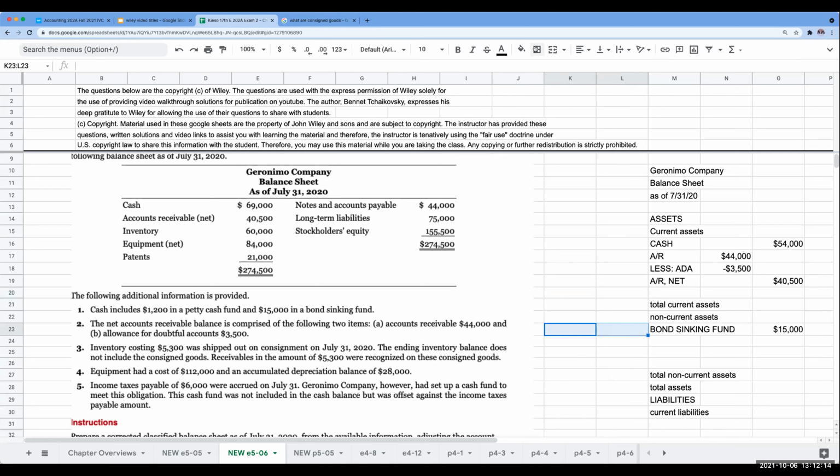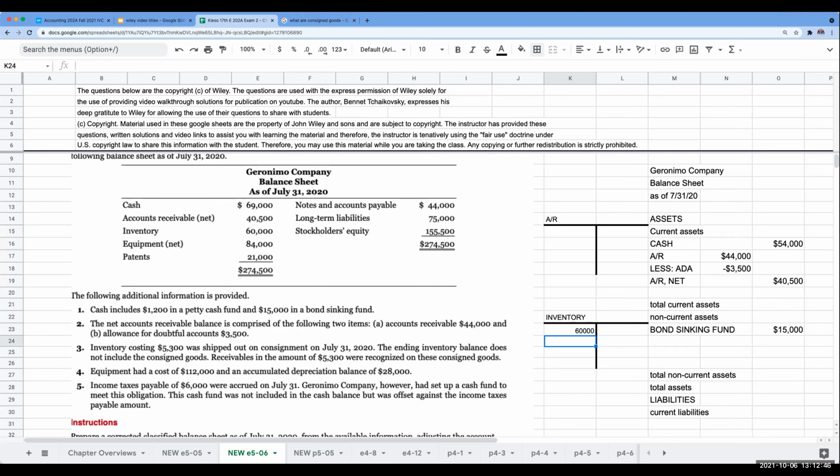So if I look at this, if I was doing this with T accounts, right over here I've got inventory. My inventory of $60,000 does not include the consigned goods. It needs to include them.